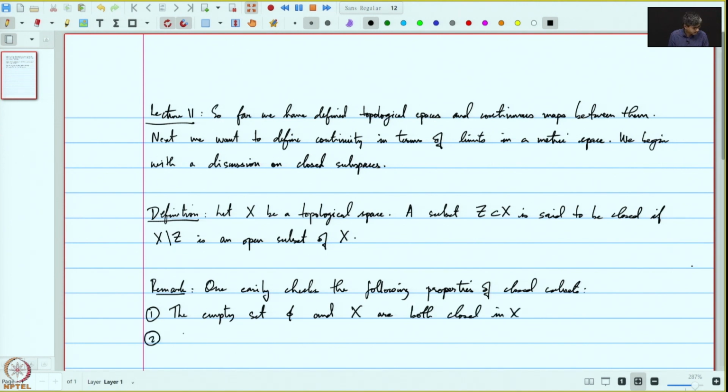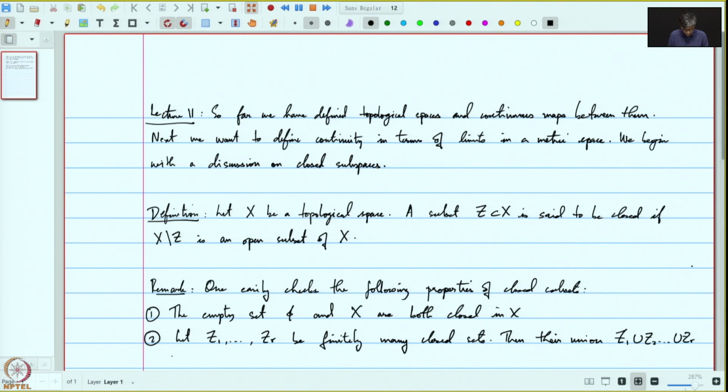The second property is that let Z1 up to Zr be finitely many closed sets, then their union Z1 union Z2 union Zr is closed.